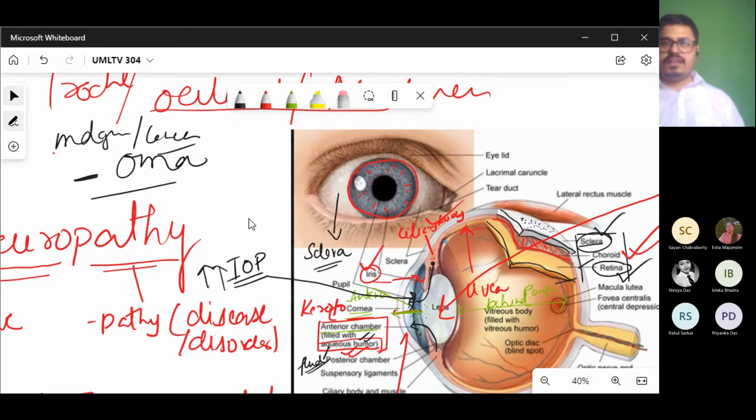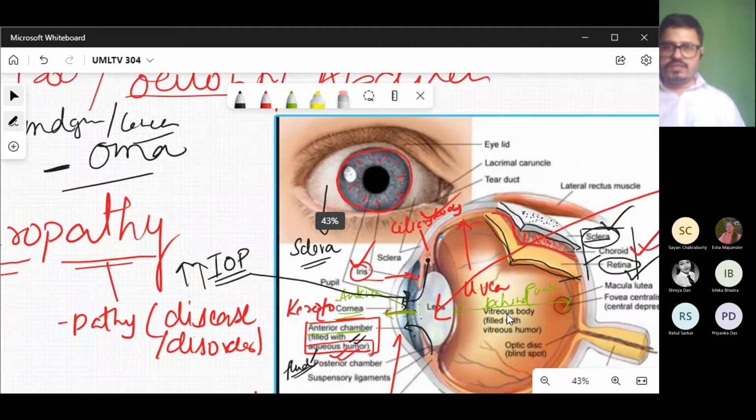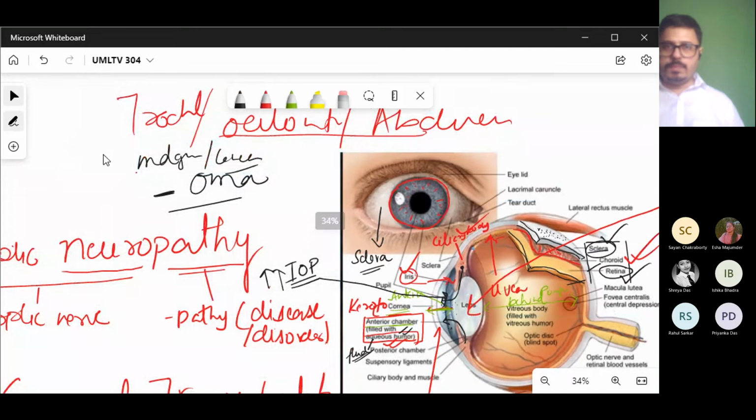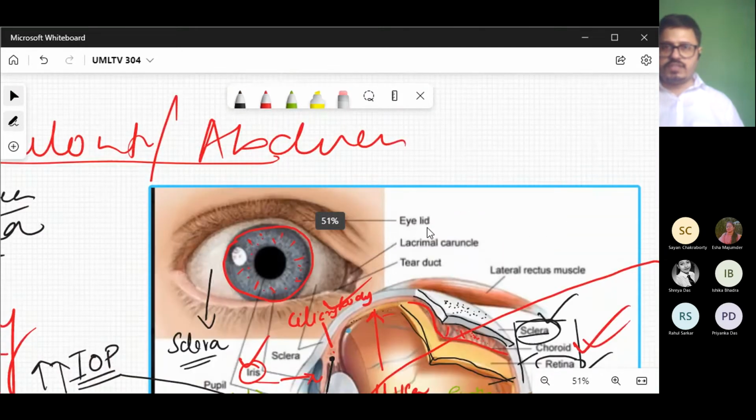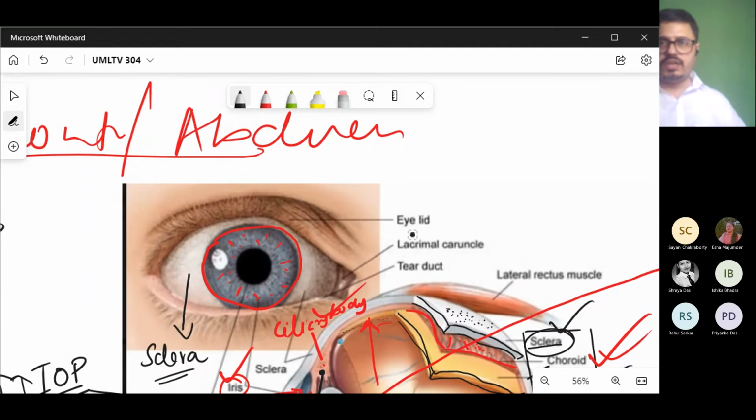Are you understanding anything? Yes, sir. So these are the structures present inside the eyeball. I have given you the prefix for almost all the structures. Let me give you the prefix for these other structures as well. For example, the eyelid. I will give you a term that means inflammation of the eyelids.